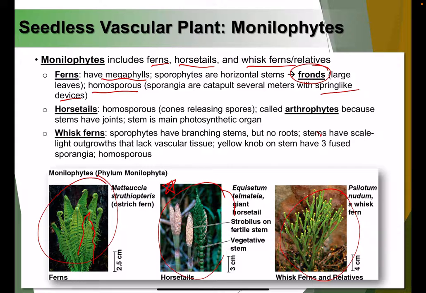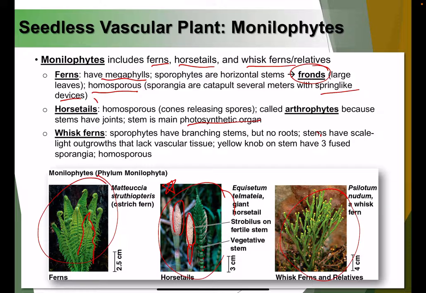Horsetails are this one right here. They're homosporous as well, and they have these cone-like structures that release the spores. They're called arthrophytes because the stems actually have joints on them. That's why you see this little line here, little line here, and little line here. Those are the joints. That's why they call it the arthrophytes. And each stem actually serves as a main photosynthetic organ.